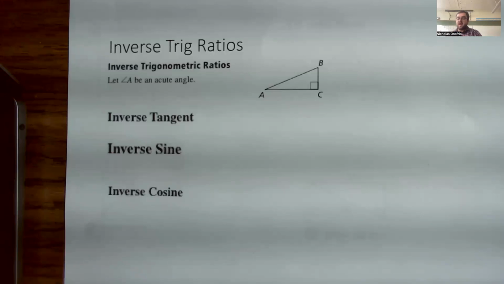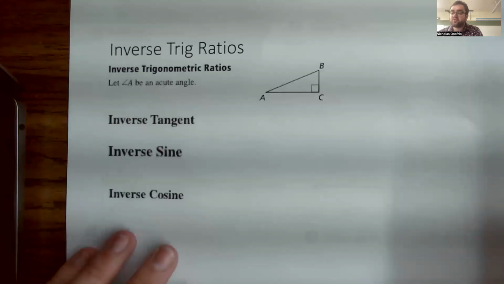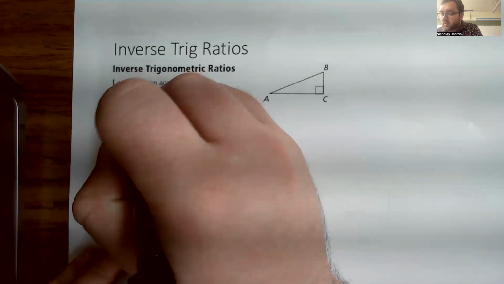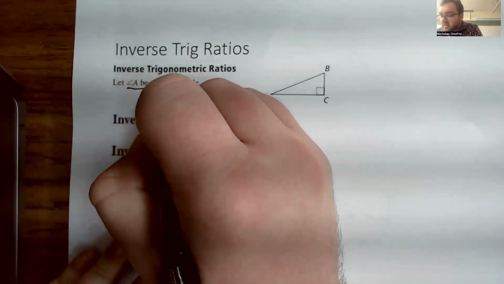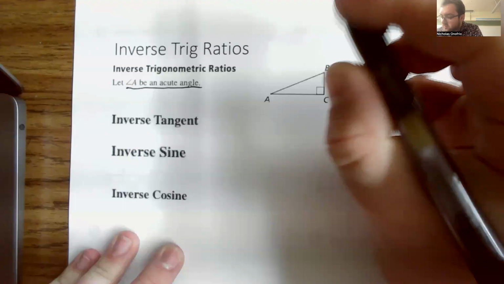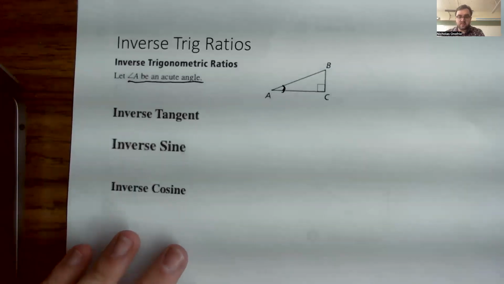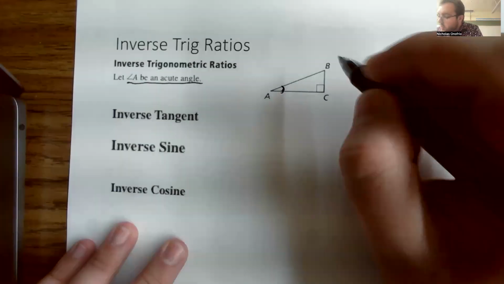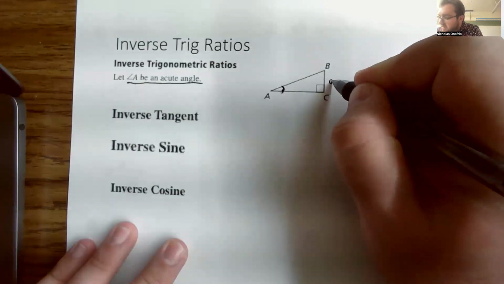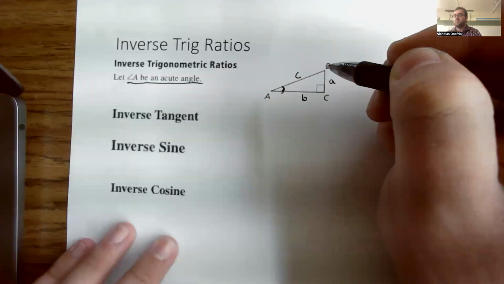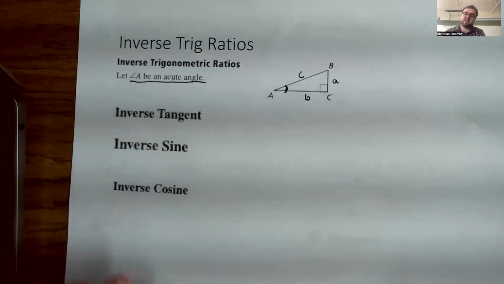So we have three inverse trig ratios. Let angle A be an acute angle. Now, to make our formulas a little easier, we are going to use the labels a, b, and c for the sides of the triangle.